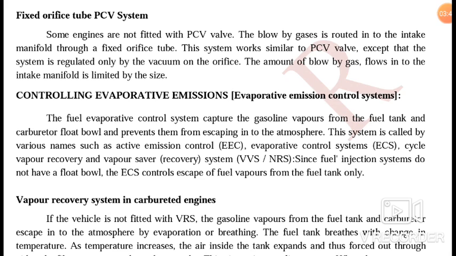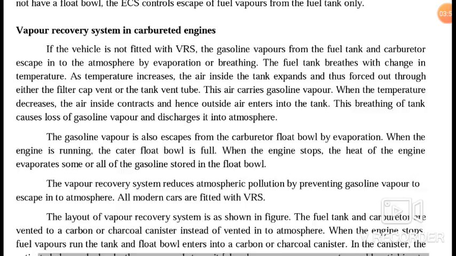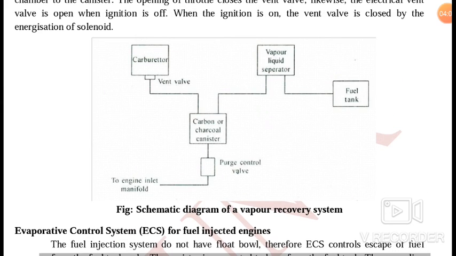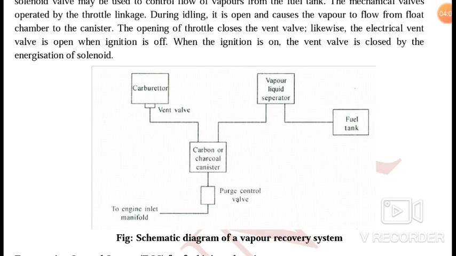Whatever vapor is formed inside the fuel tank escapes directly from the tank only, and that can be handled with the help of the evaporative control system. We have a diagram here for that.